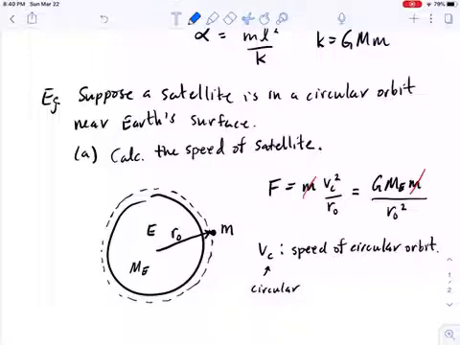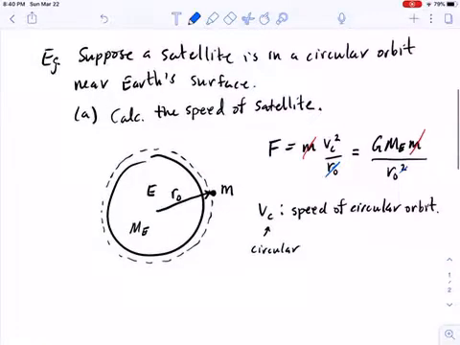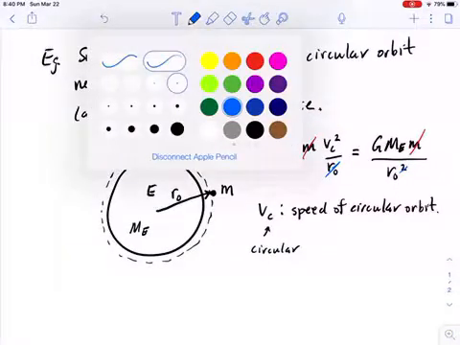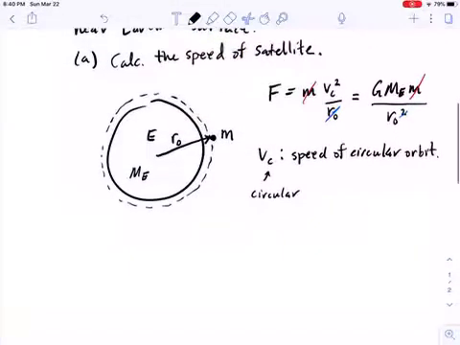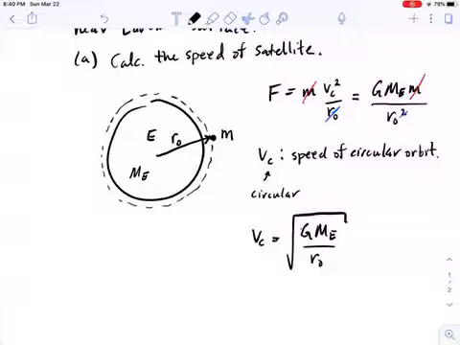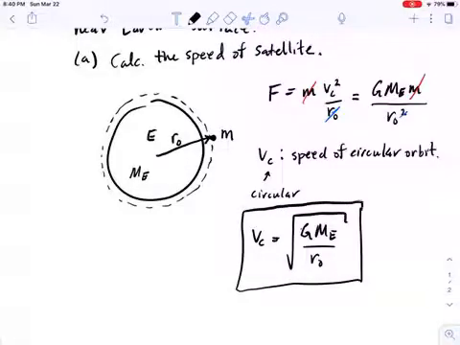The speed we calculate is going to be independent of the satellite's mass. There's also a factor of r0 in the denominator that we can cancel. And that just leaves vc squared. So if we take the square root of what's left, we get the square root of G times the Earth's mass divided by r0. And so that's the speed of our satellite when it's in circular orbit.